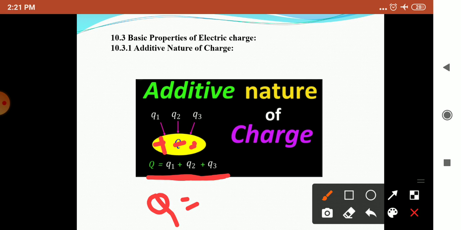It may be pointed out that while taking the algebraic sum, the sign, positive or negative, of the electric charges must be taken into account. So if two bodies have equal and opposite charges, the net charge on the system of the two bodies is 0.